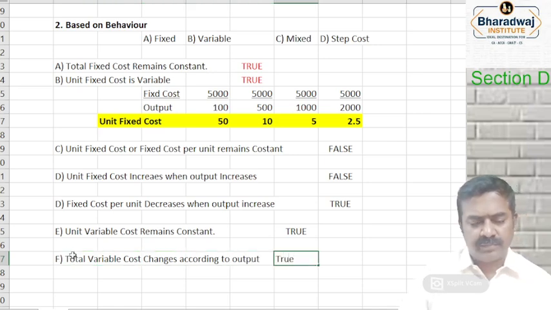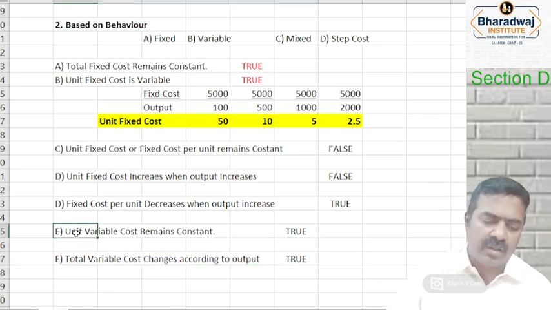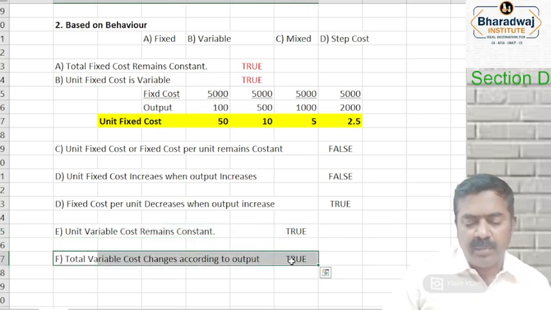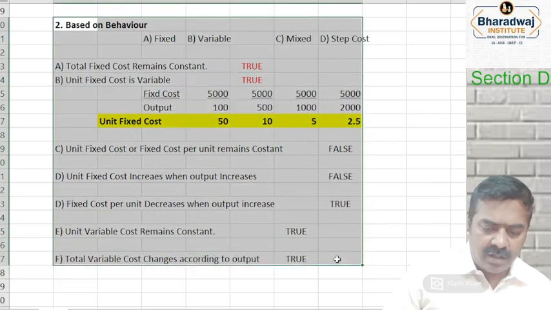Yes, total variable cost only will change according to output. Per unit variable cost will remain same. Total variable cost will change according to what? Output. Take up this.